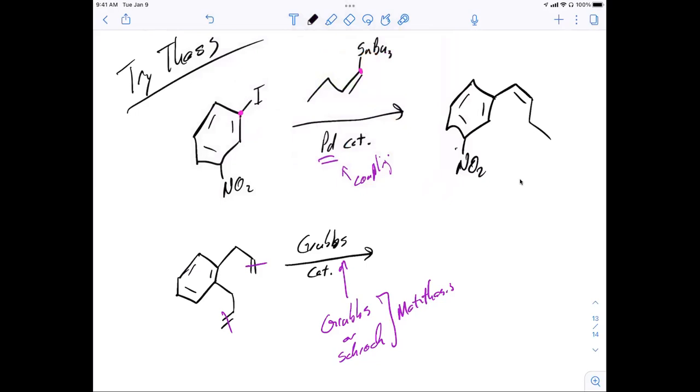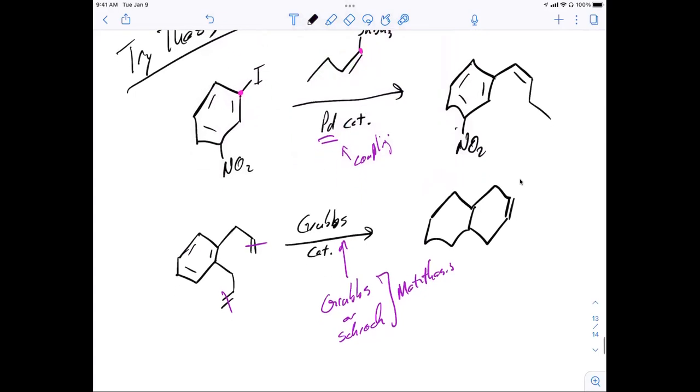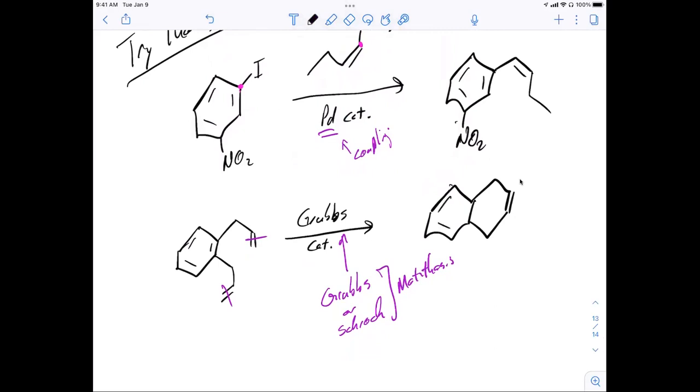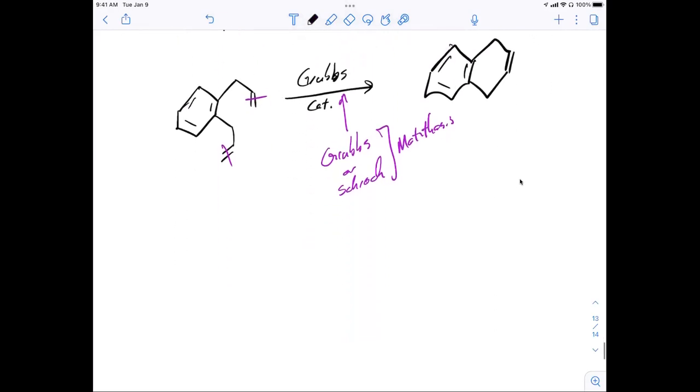So when you see a Grubbs or a Schrock, think metathesis. And then what you're going to do is couple the alkenes. Questions about those? Oh, except I didn't lose my aromatic there. All right, let's do a couple more.